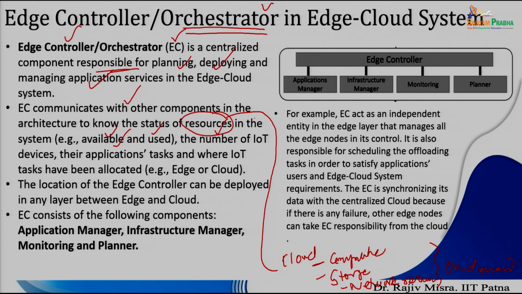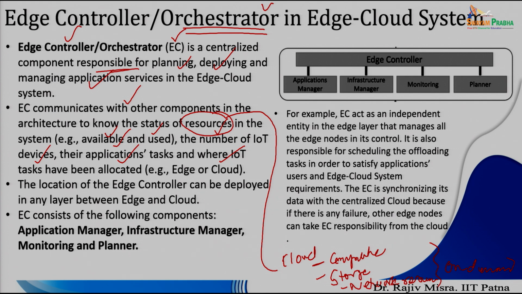So, the edge controller communicates with these system architectures to understand the status of the resources in the system, that is, whether they are available or being used, the number of IoT devices which are using them, the applications and their tasks which are running in the edge cloud system, and where these IoT tasks have been allocated, if they are being used, whether in the edge or in the cloud. The edge controller keeps complete information to operate this entire environment for supporting different kinds of applications.